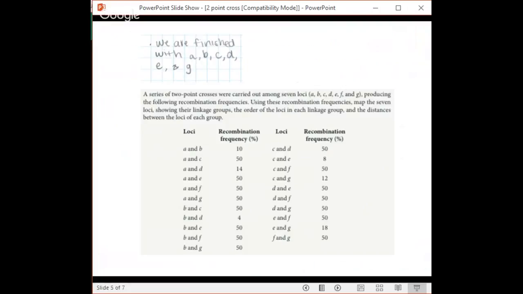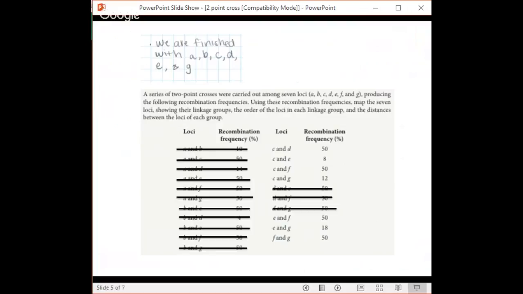We're finished with A, B, C, D, E, and G. So these are all the variables we crossed out with our first linkage group. And these are all the variables we can cross out with our second linkage group. Effectively, we have crossed out everything. But what are we missing? We're missing F. What about F?